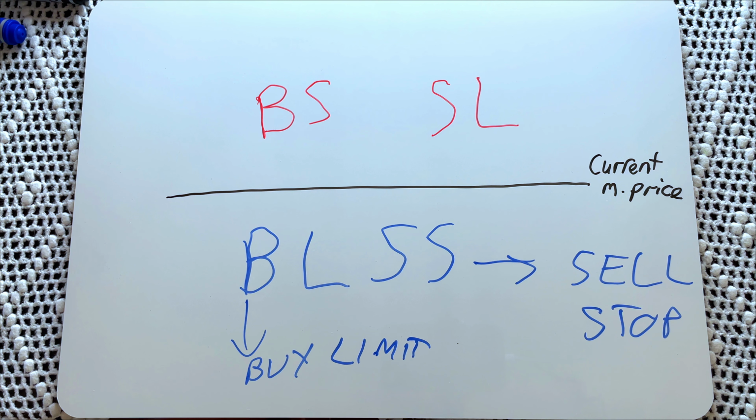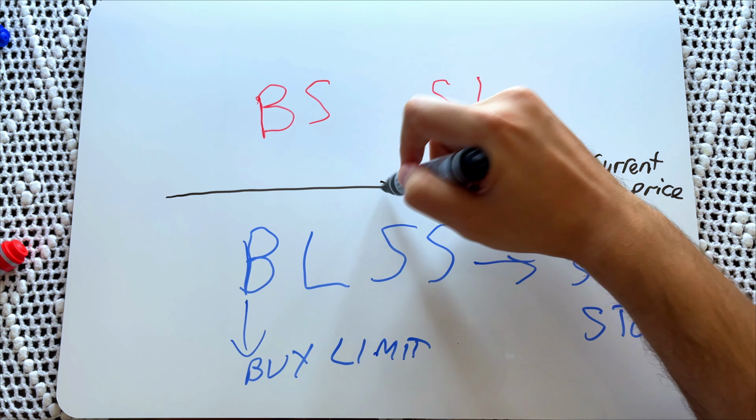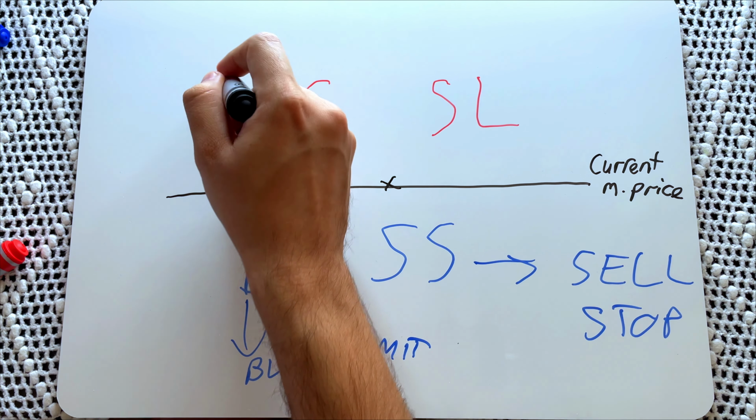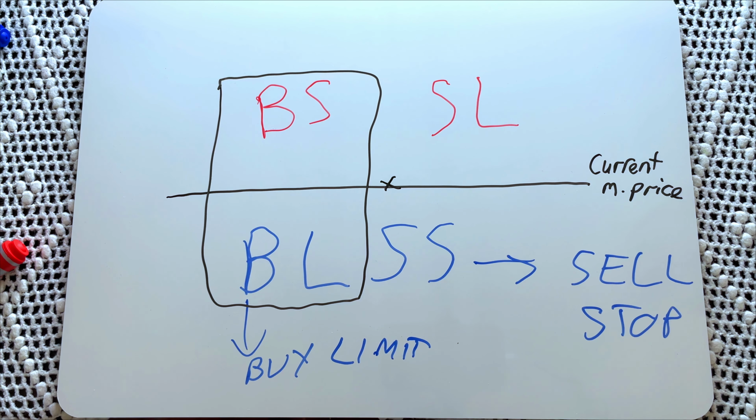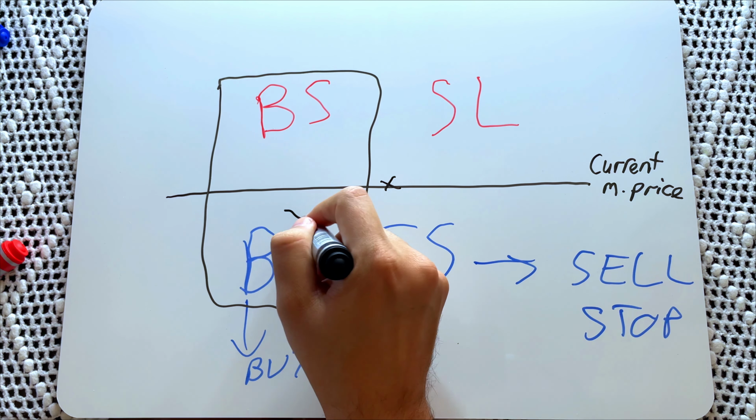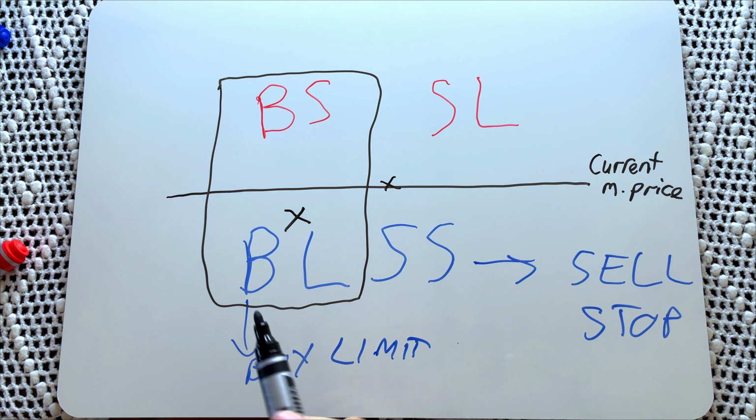So now with this diagram, I'm able to know what sort of order I place depending on what's going on. So let me explain it. Let's say I'm at this current market price here on this line. Let's talk about just our buys for now. Let's say I want to buy below this current market price. So obviously I want to buy somewhere here, which is below this market price.